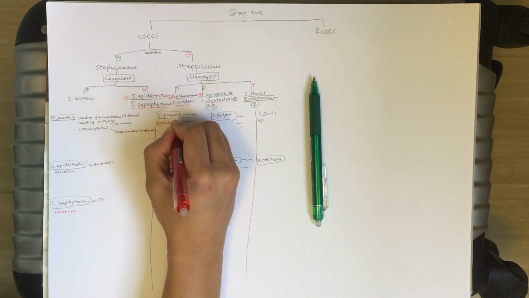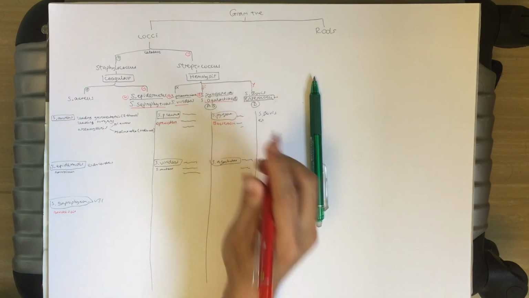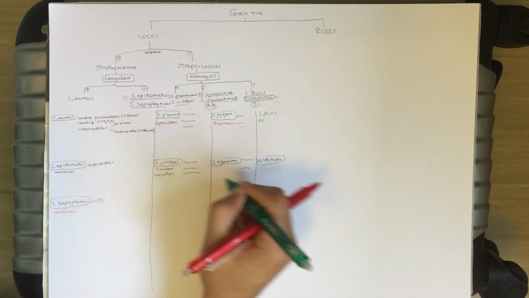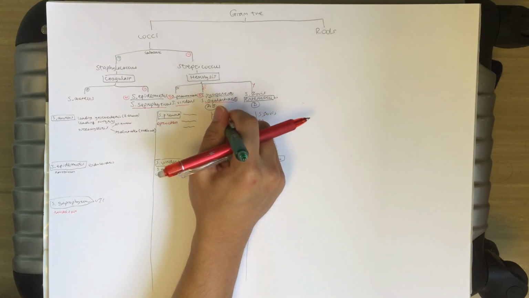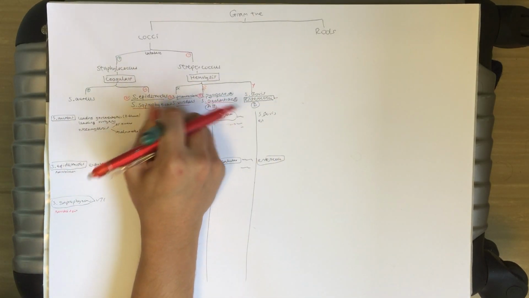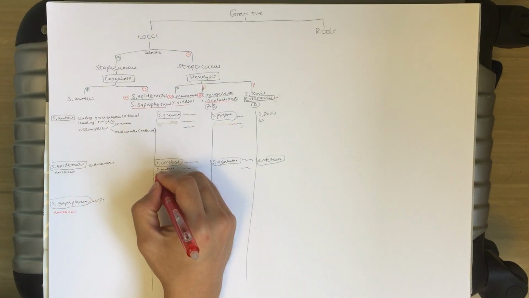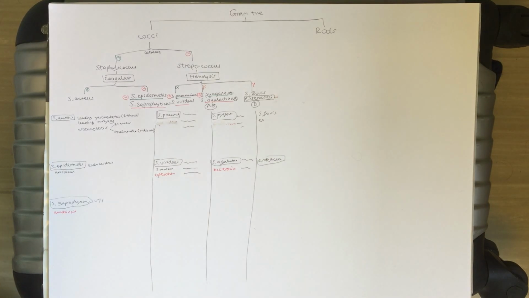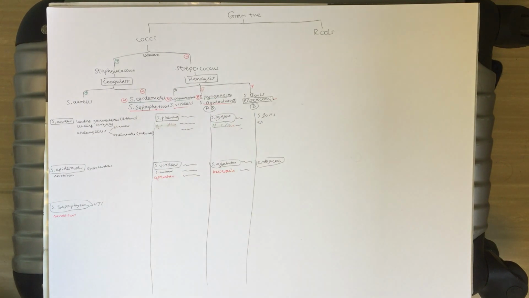So optochin, and this is called bacitracin. And same drugs over here, optochin. I'm totally using the wrong colors. Okay, so you get the drift though. Optochin here and bacitracin here. And same over here. Just going to write speech marks. Okay.